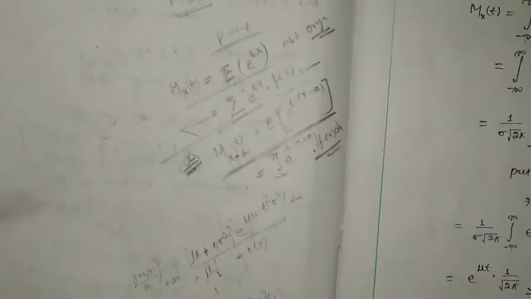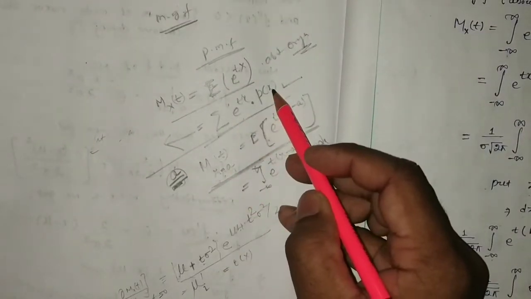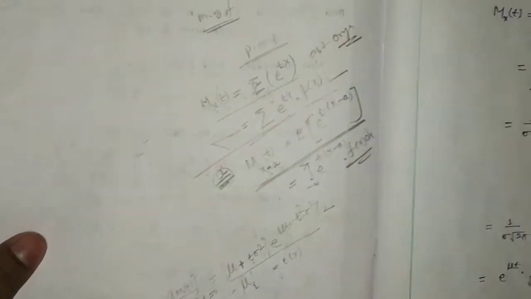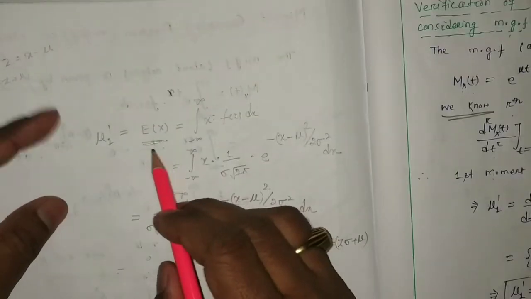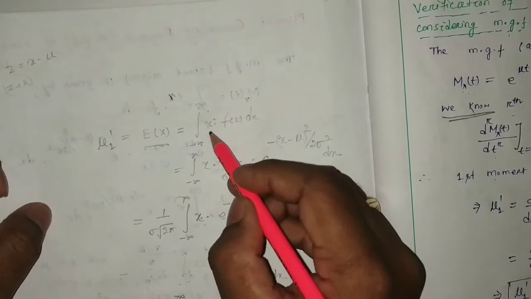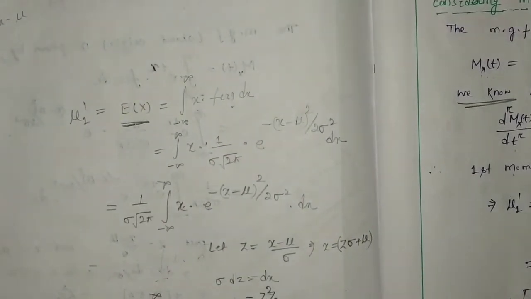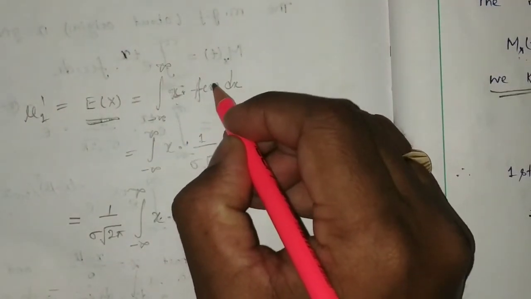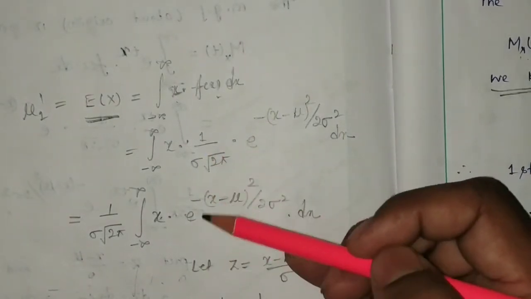In case of discrete, it will be summation of e to the tx into p(x), and in case of continuous, this will be integration. So likewise, here also we are going to consider the continuous case, where expectation of x will be nothing but the integral from minus infinity to plus infinity of x into f(x) dx. Okay, I have to zoom in somewhat, it will give you clarity. So this is x into f(x) dx. See, these things I wrote with pencil, but if you want you can write this one.